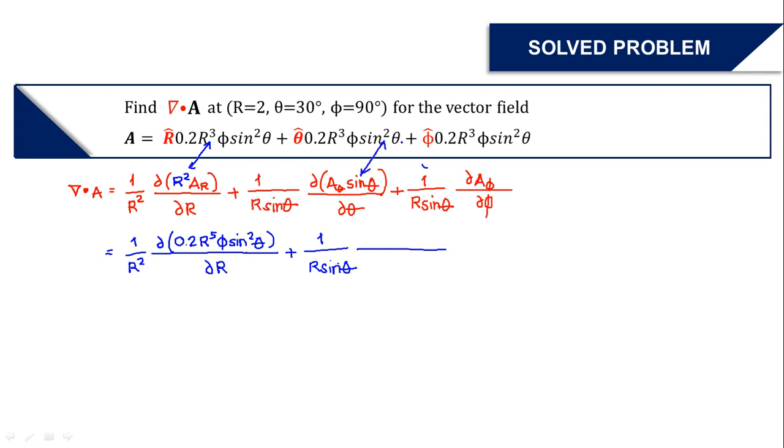Right? So, the partial derivative of 0.2 r cube P sin cube theta with respect to theta plus 1 over r sin theta times the partial derivative ng a sub p.